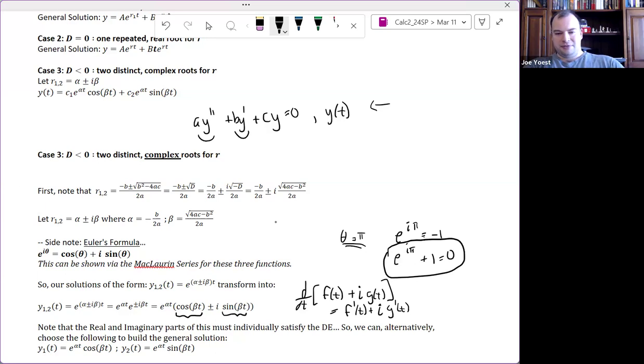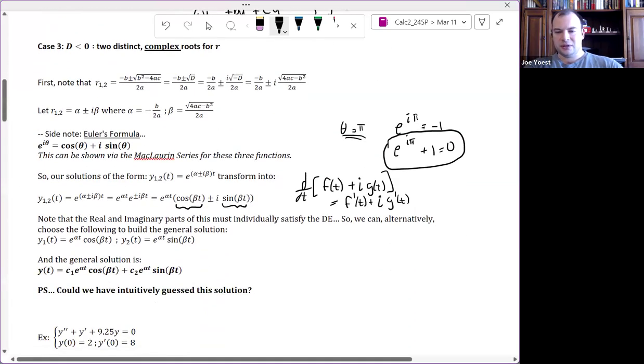So let's say f of t equals e to the alpha t cos beta t, and g of t equals e to the alpha t sine beta t.